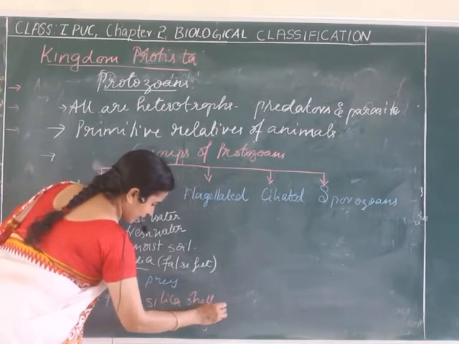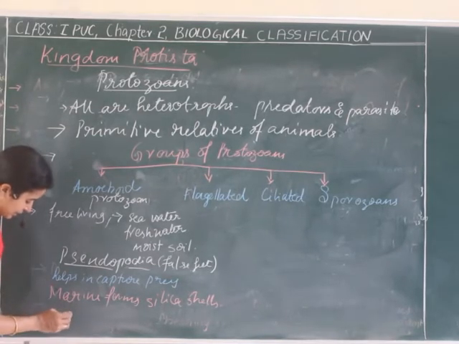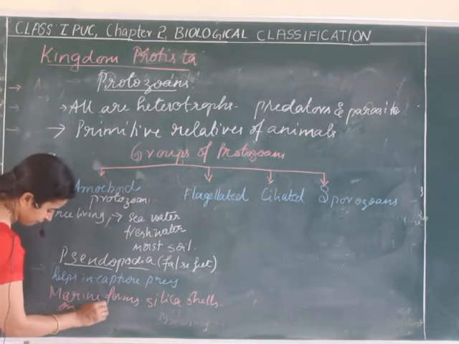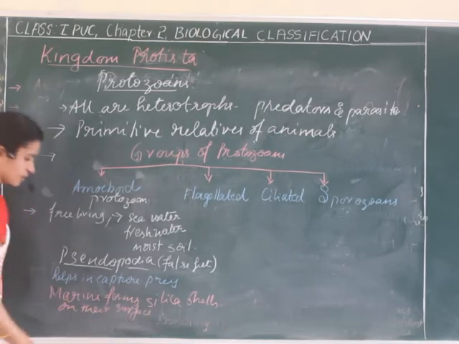See, not all organisms will have that. This silica is very hard, which makes them highly resistant. So marine forms of amoeba will have silica shells on their surface. Can you find out why only the marine forms have silica shells?